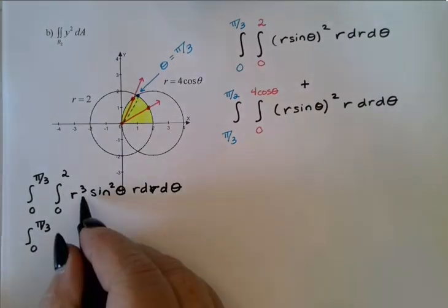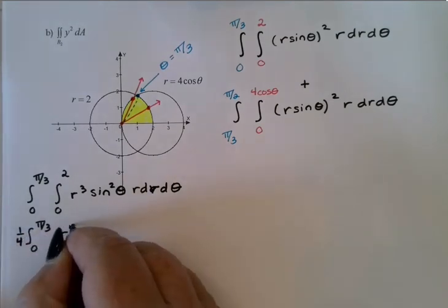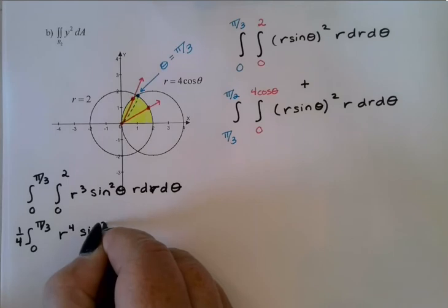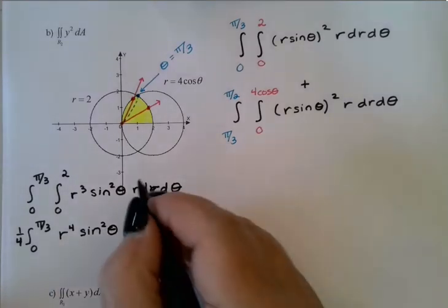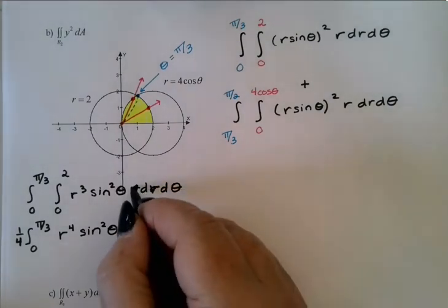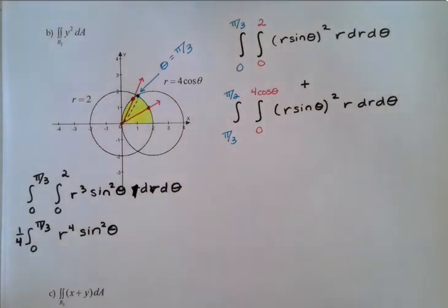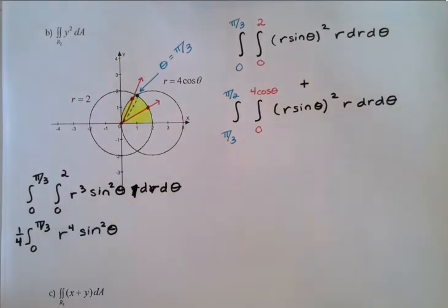And when I integrate that dr, I'm going to get a 1/4 r to the 4th sine squared theta. I just did it again. Holy cow. All right, I promise I'll take a break after this one and stop making mistakes. That r shouldn't have been there. That was r squared times r was already in my r cubed.